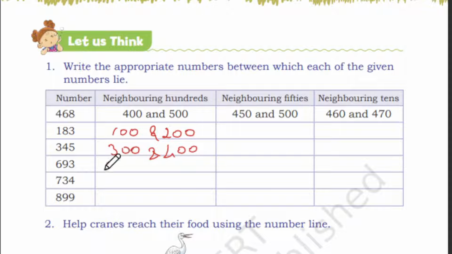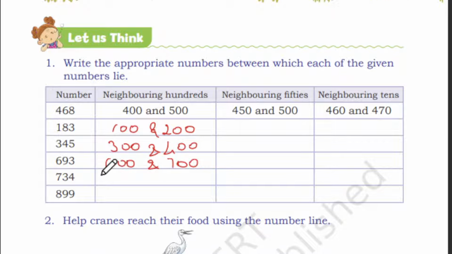This one is 600 and 700. And we have 700 next. That comes between 700 and 800. So the next one comes between 800 and 900.